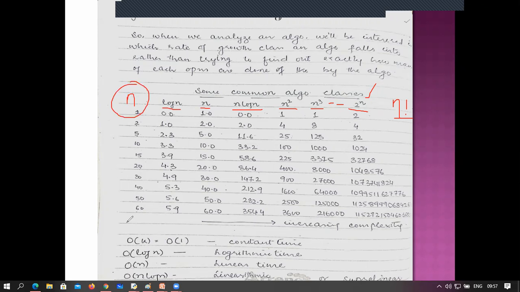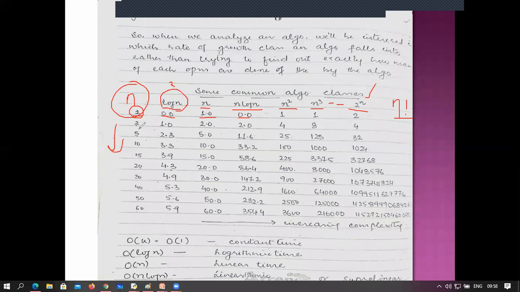Here I have taken the value of n. N means the number of items. Suppose the number of items is 1, the complexity of any algorithm in the order of log n would be 0, n would be 1, and log n again 0. So there is not much difference if the value of n is 1.